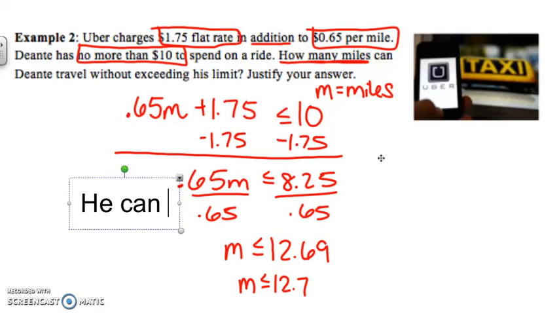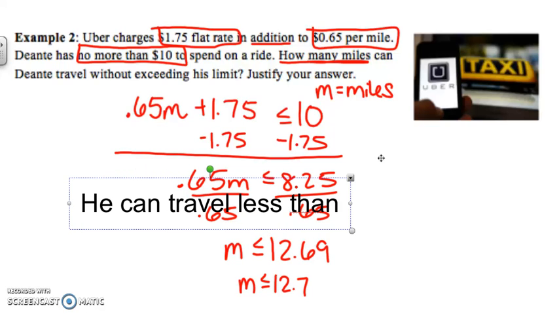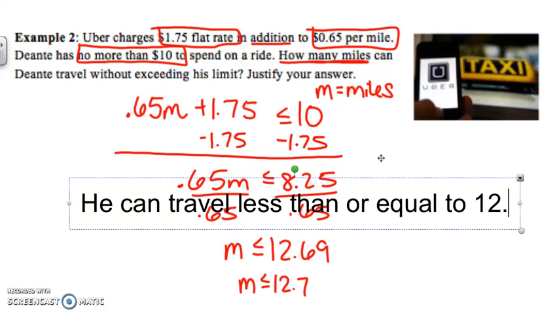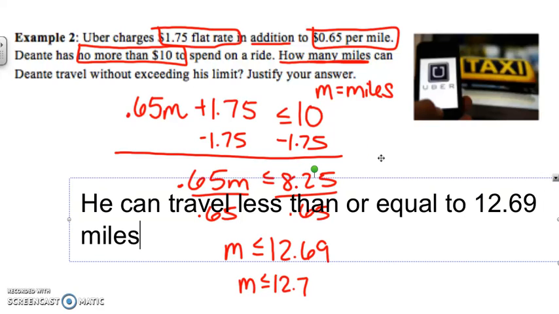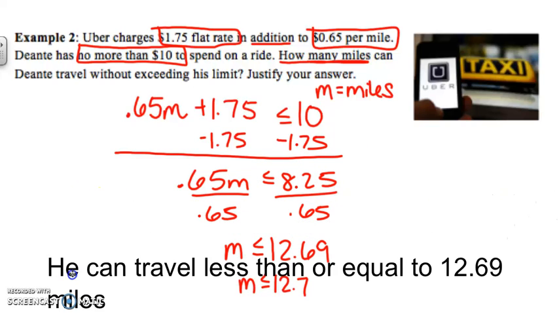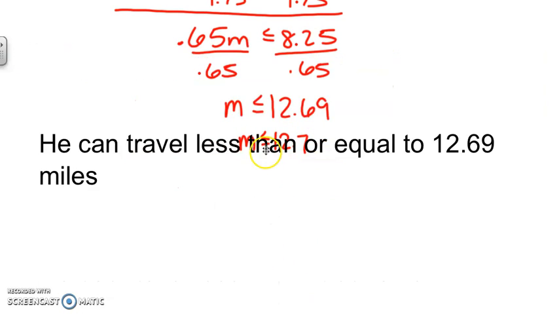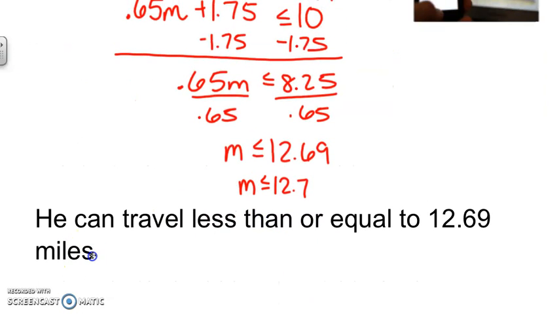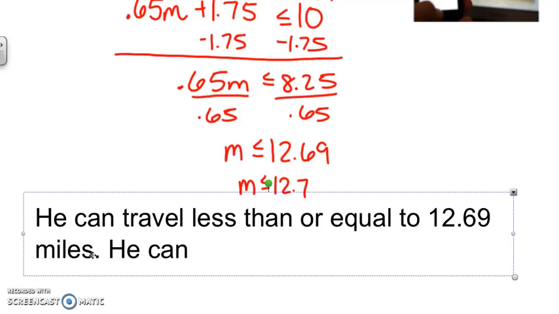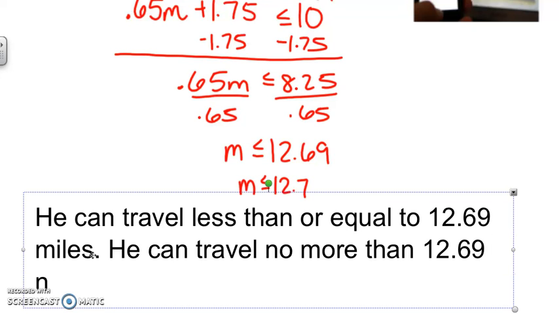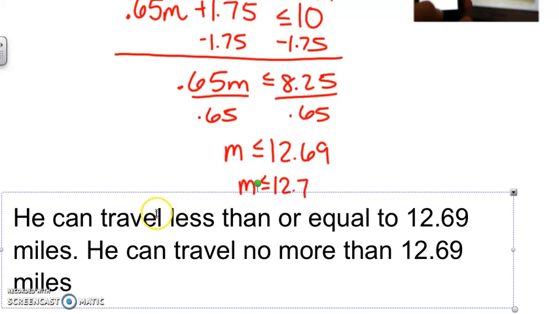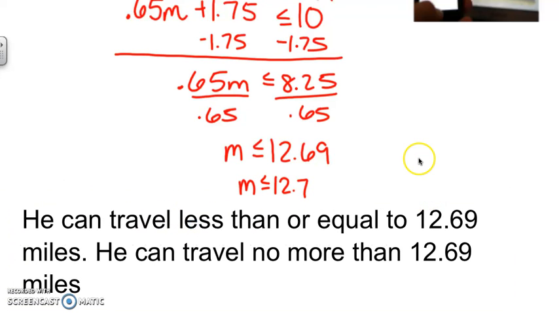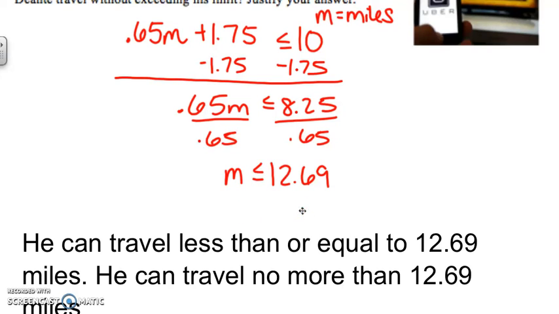We'll say he can travel less than or equal to 12.69 miles. If you also wanted to say he can travel no more than 12.69 miles, any way that you want to say that. Just make sure that he is traveling less than or equal to that 12.69. Okay?